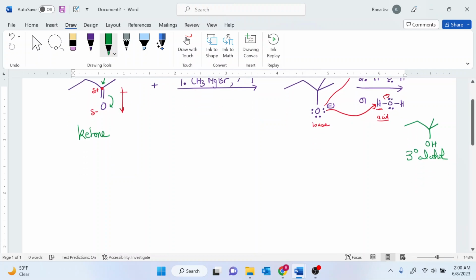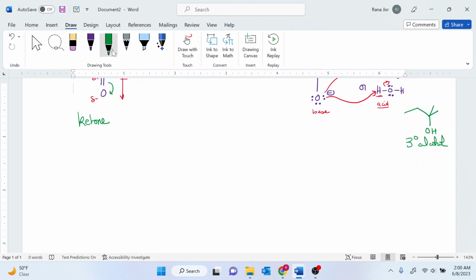If I start with an aldehyde, for example, let's go ahead and start with an aldehyde. So if I start with an aldehyde and I react this with any R, I'm going to go ahead and use phenyl magnesium bromide with diethyl ether. This is going to be my first step in there.